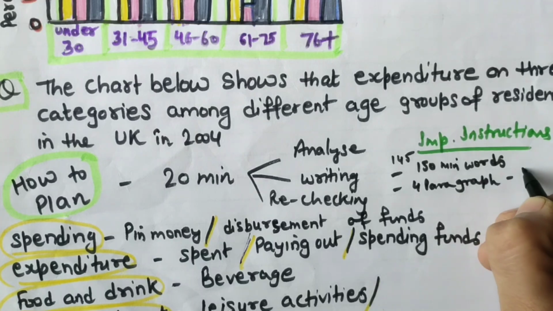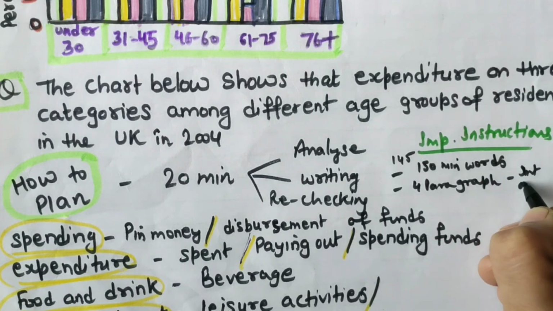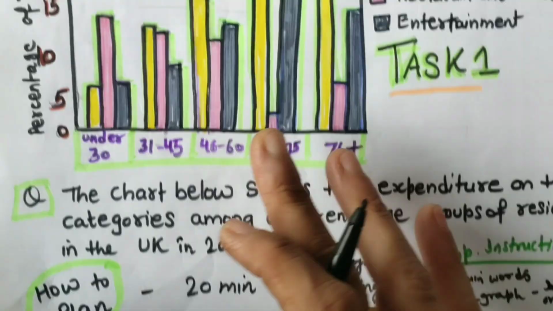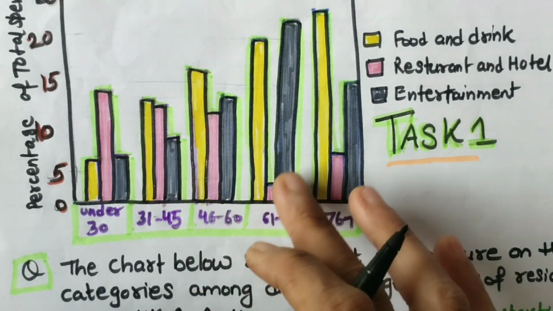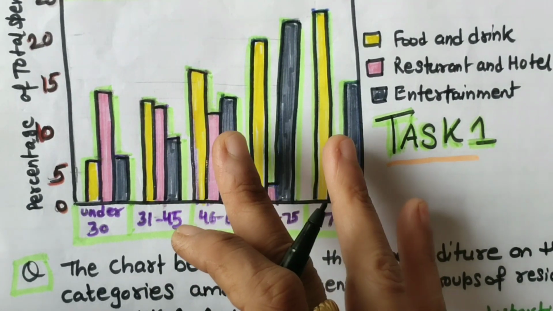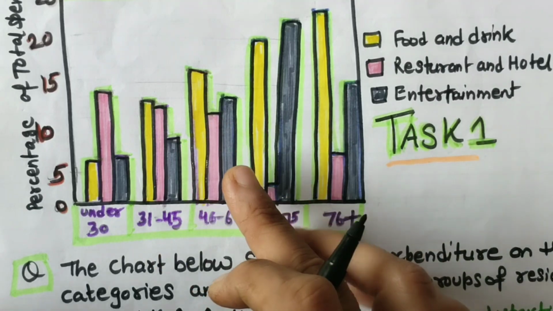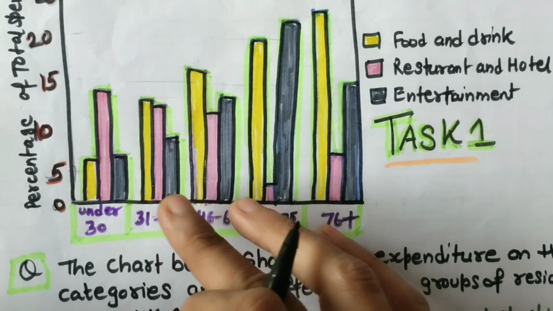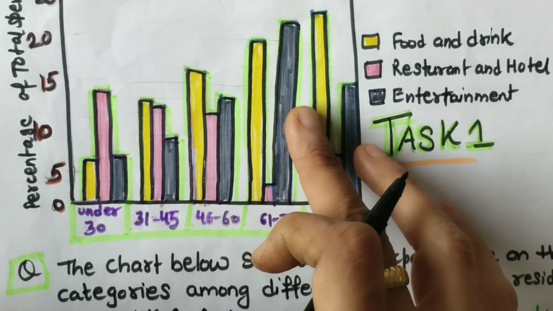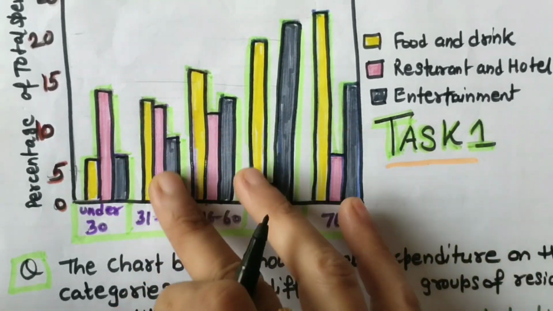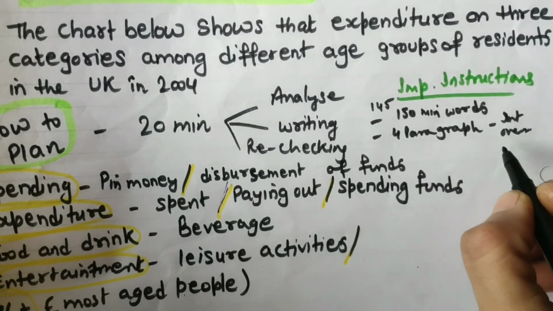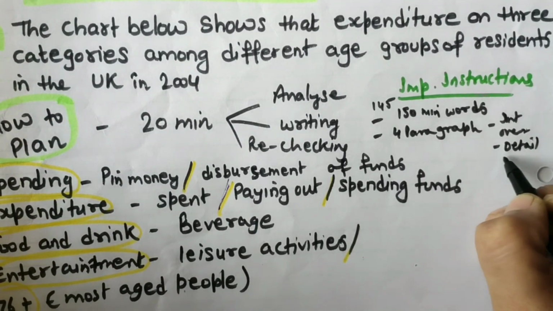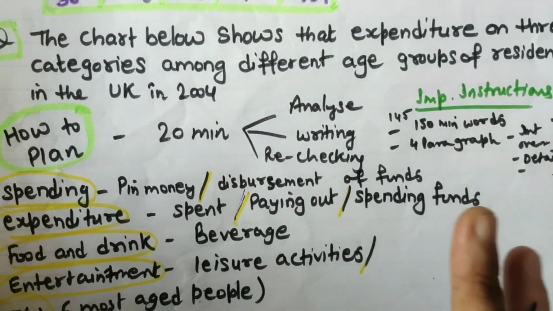The first paragraph will be the intro, and then the overall paragraph. Overall means what you can give as a conclusion kind of thing. It is indirectly not a conclusion, but without saying any facts and figures, it is what you can realize by looking at the graph or diagram. Then the third and fourth paragraphs will be detailed body paragraphs. So these 4 paragraphs you should write.